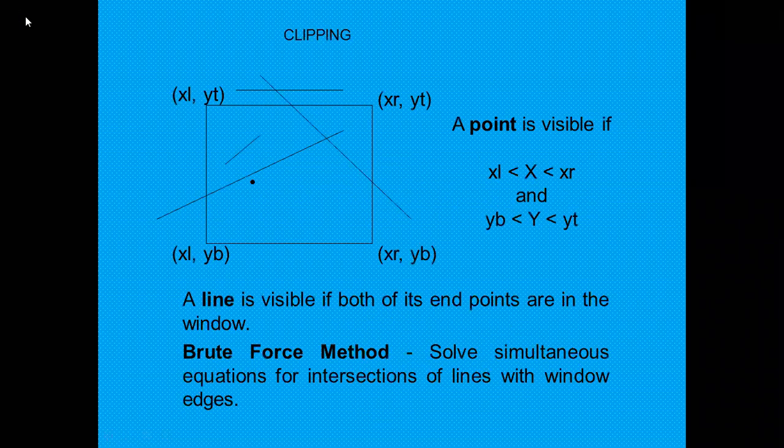So far, we have already studied windowing and clipping, and we have differentiated between clipping and windowing. World coordinates and image coordinates: world coordinates are whatever we are seeing outside. Whenever we draw the same object on our display unit, we call it the image space.